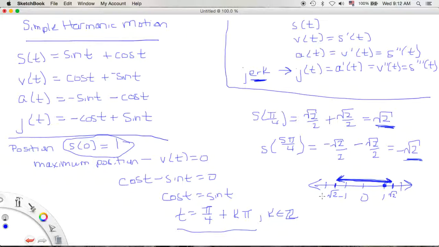So you can look at the velocity the same way, figure out what its velocity is when its maximum velocity happens, its maximum acceleration, its maximum jerk, all those kinds of things by looking at the derivatives. You just have to think it through and make sure you're paying attention to how the function relates to its derivative. And sometimes that means a derivative with a second derivative, and so on.